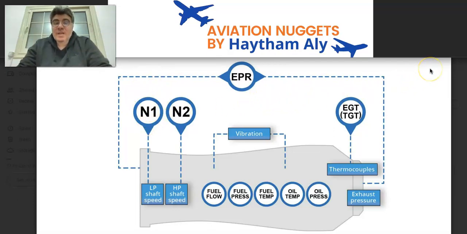Okay, everybody? So this indication, EPR or N1, is an engine primary control parameter, or engine primary indication parameter. They are used for engine performance indication.